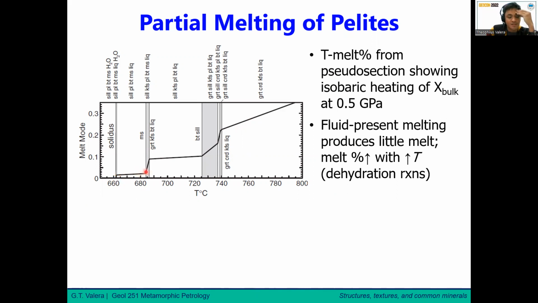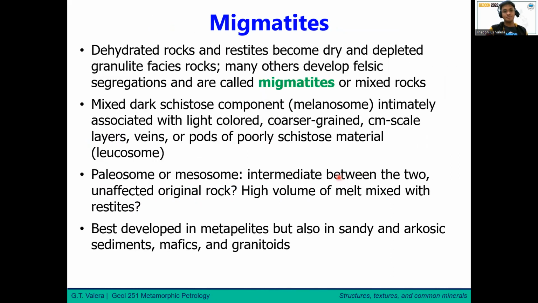Once muscovite breaks down, however, melt spikes and then continues. Pagka wala na yung biotite, then dehydration ng biotite, melt proportion also spikes, etc. Okay? So, fluid present melting produces little melt, while melt percent increases with rising temperature due to dehydration reactions.